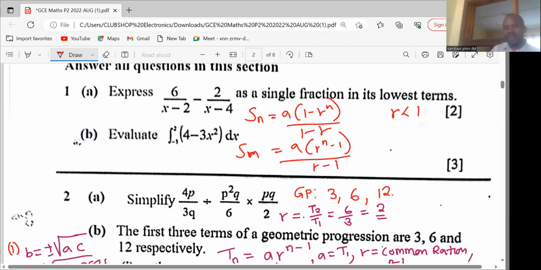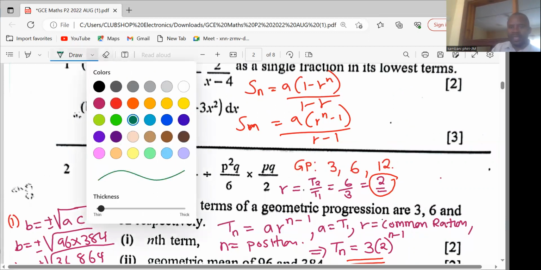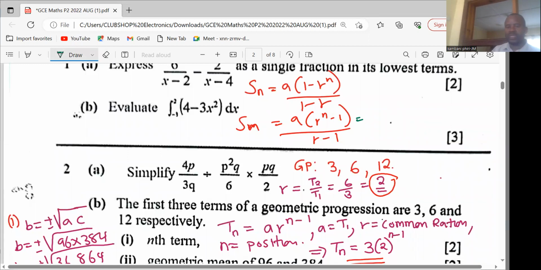What we mean is that if your ratio is greater than what? 1. Okay. So if you check here, our ratio is 2, and 2 is greater than 1. So the formula was supposed to use this one. All right. So we are going to say in this vein, this is equal to our first term is what?